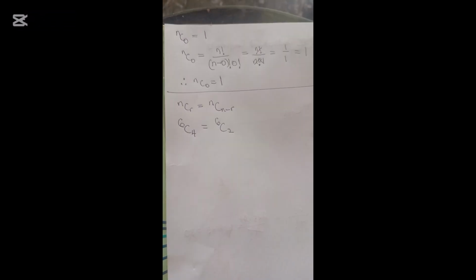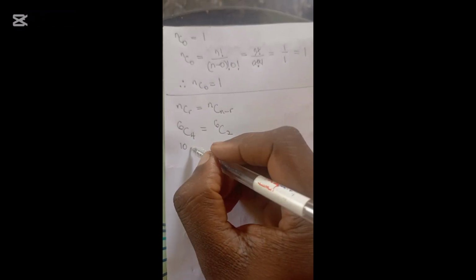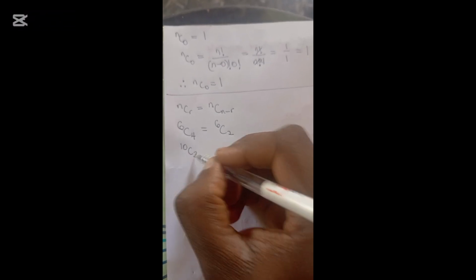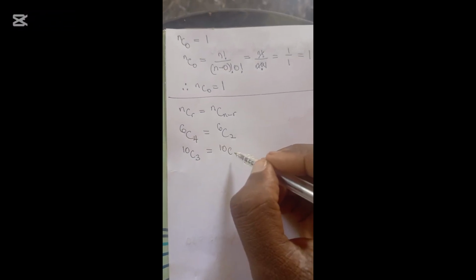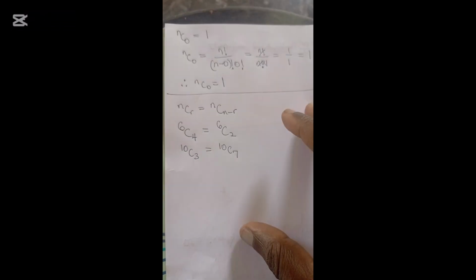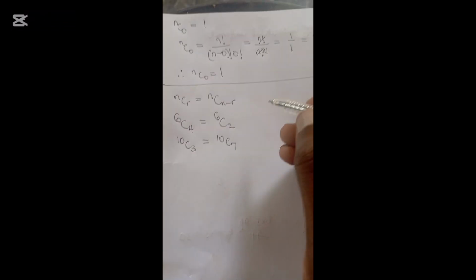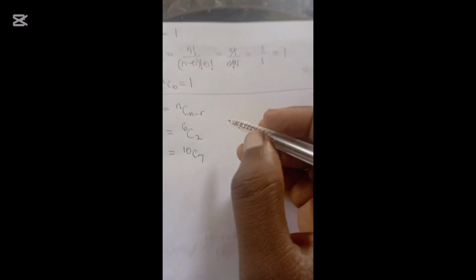And you'll be wondering how is this possible? And if you have 10 combination, let's say 3, 10 combination 3 will also be equal to 10 combination 7. You may just try and check it out. So how is this possible? Let's find out how.